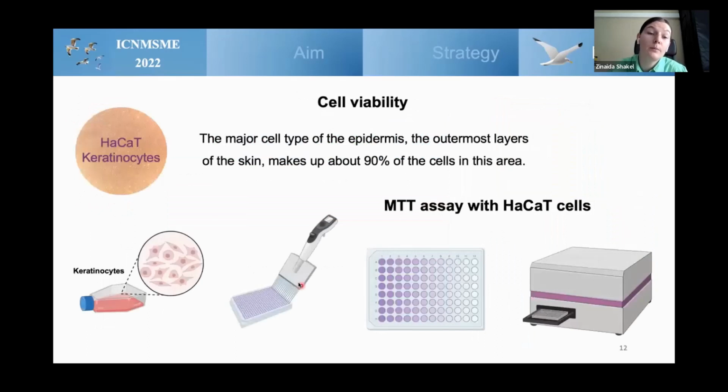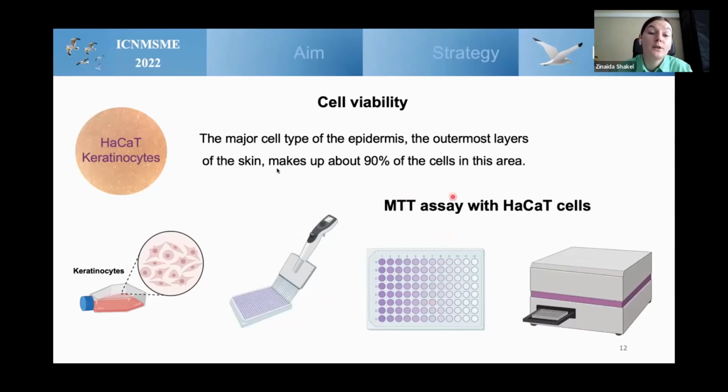Second assay, we decided to do cell viability. We chose keratinocytes because they are the major cells of the epidermis. They make up about 90% of cells in that area. We chose a commercial cell line, HaCaT. Cells were grown in the incubator and then seeded in a 96-well plate with specific density, grown overnight to form a monolayer, and then our suspension with transethosomes was applied on the cells and also some controls.